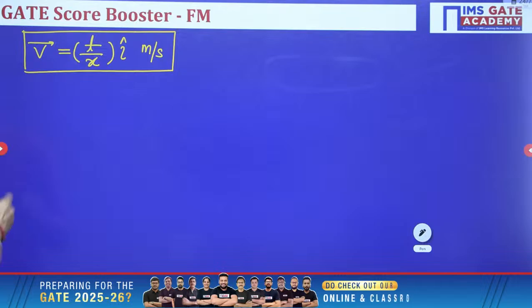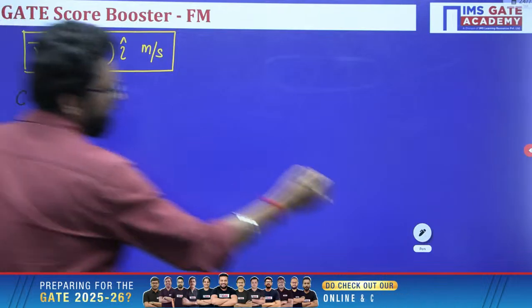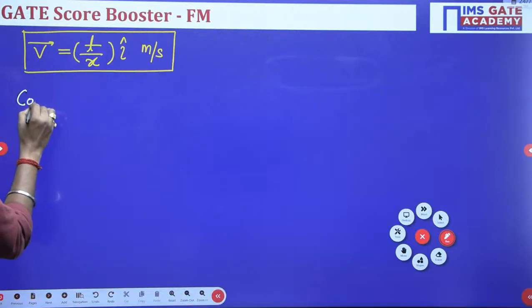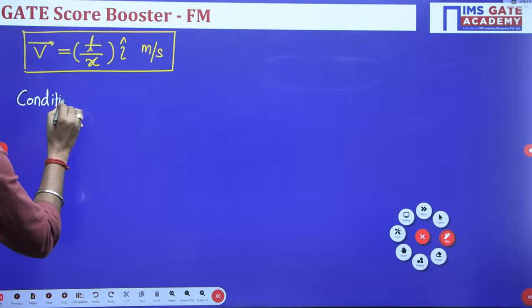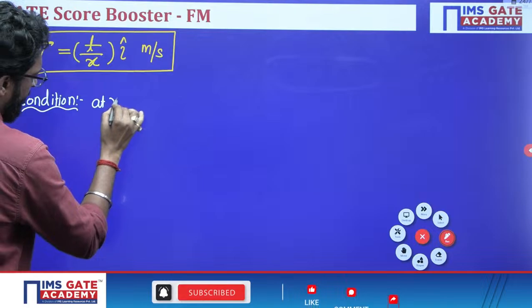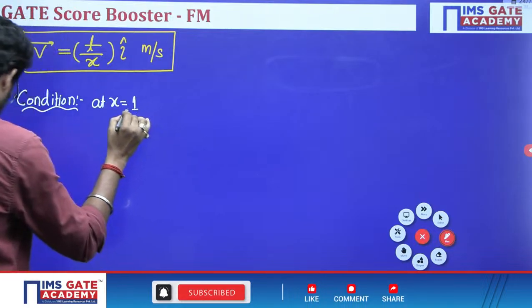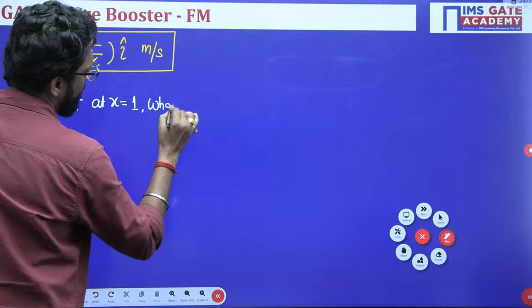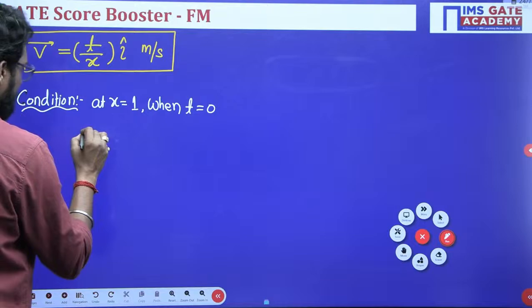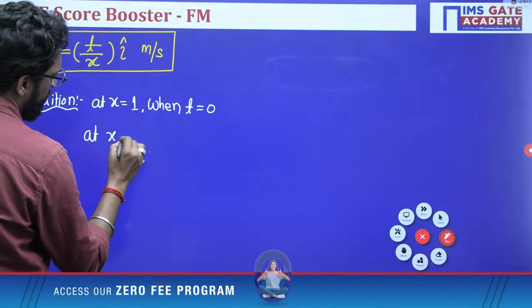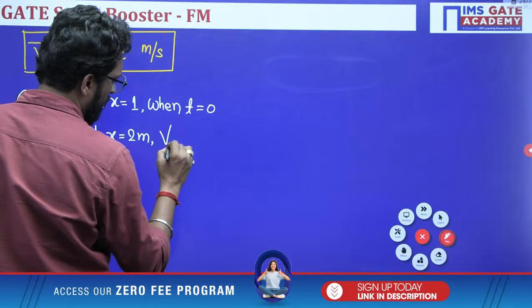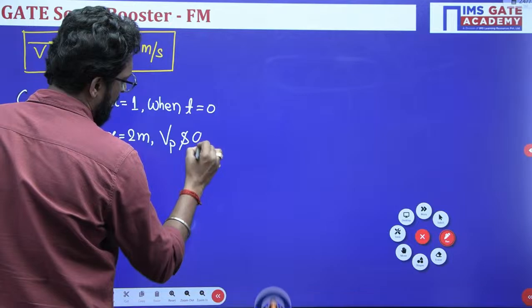Now, what is the condition? The condition is given: at x equal to 1, that is, the particle will travel at a distance x when t is equal to 0. We have to find, at x equal to 2 meter, what is the velocity of the particle and the acceleration of the particle.